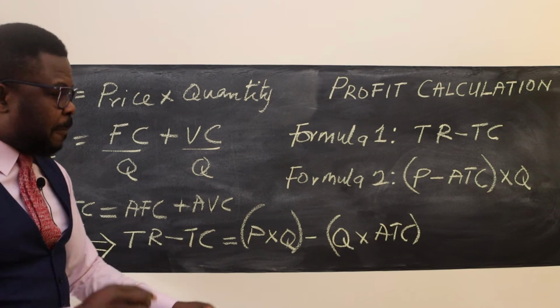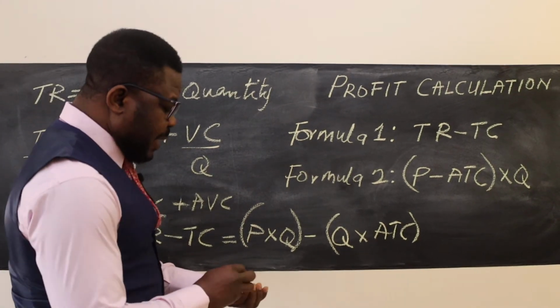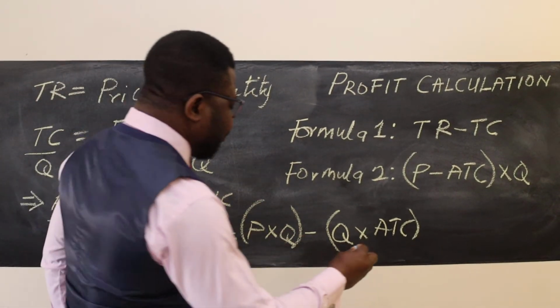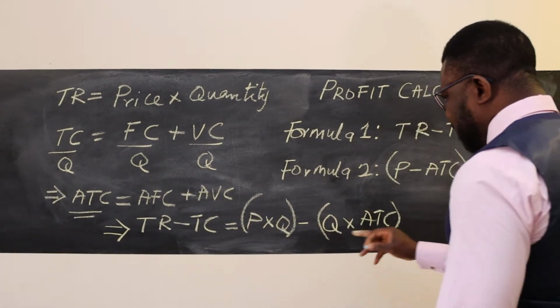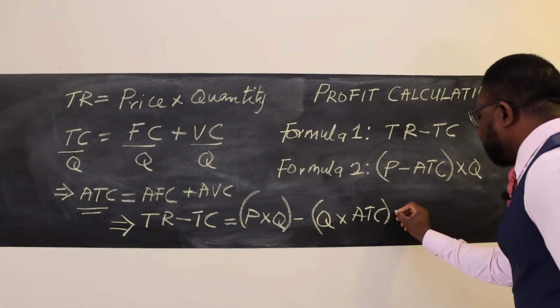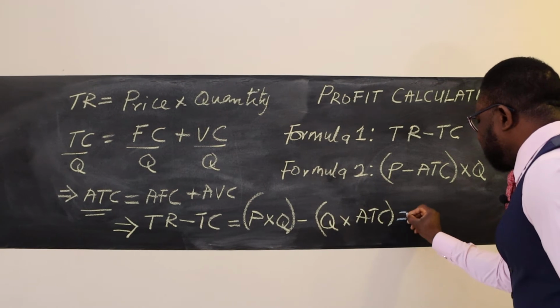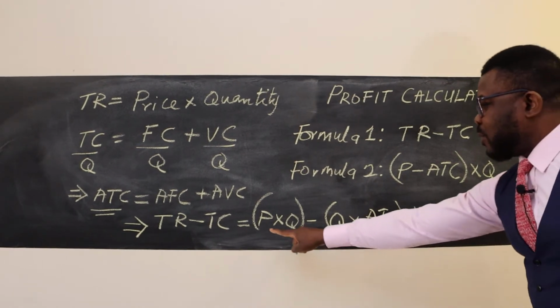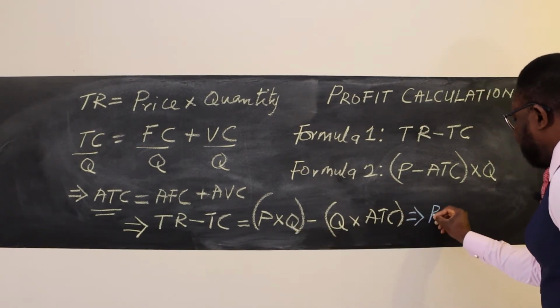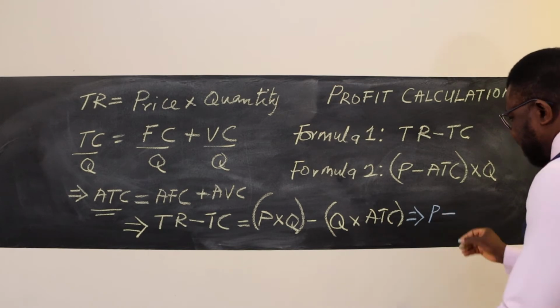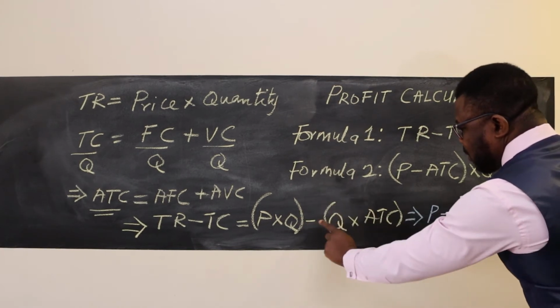Let's move things around. So what we can do is, I'm going to change the color of my writing. So this now becomes, let's put the price here, P minus ATC. We move this across, okay?